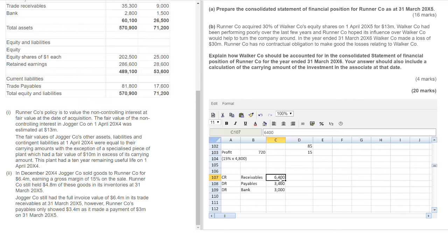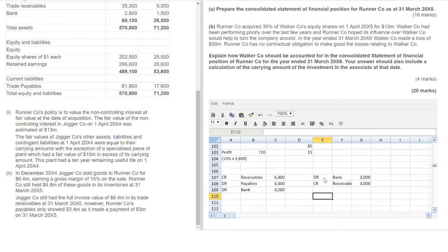I think that's possibly the easiest way to do it. You could, if you want, split it out into adjusting for the cash in transit and then adjusting for, if you like, the remaining balances. So what you could have done if you wanted, you could say, let's debit the bank with the 3,000. You could also then credit the receivables with the same 3,000.